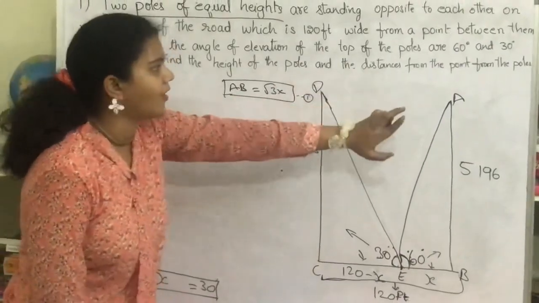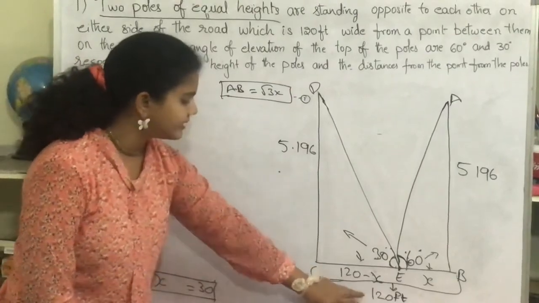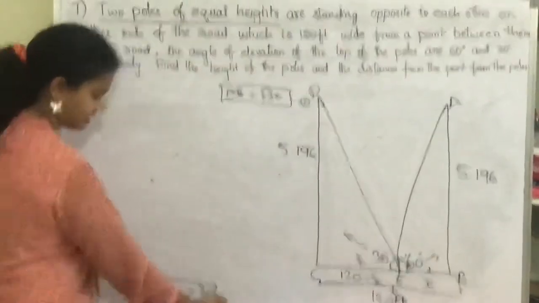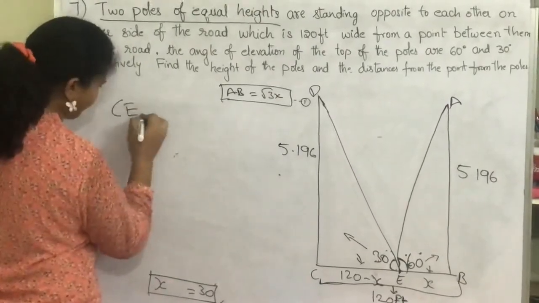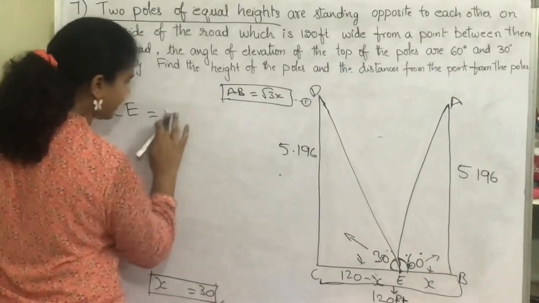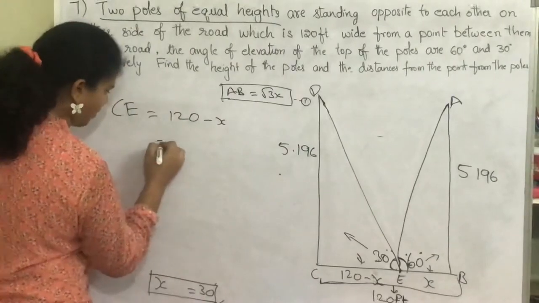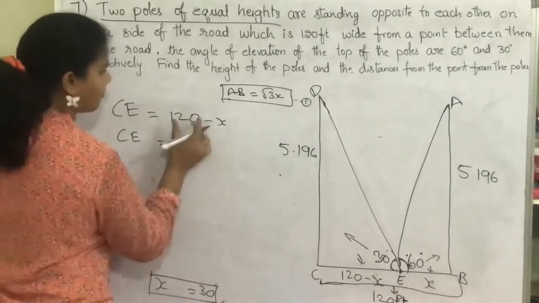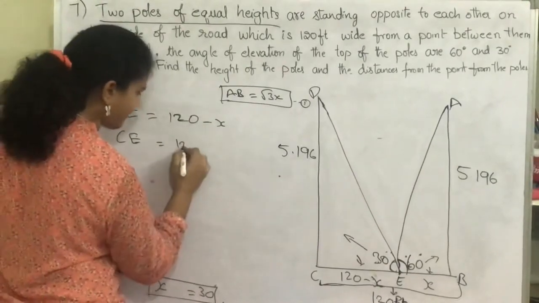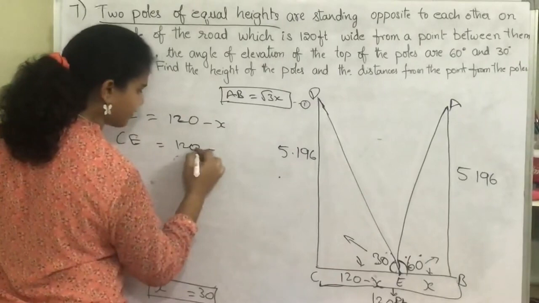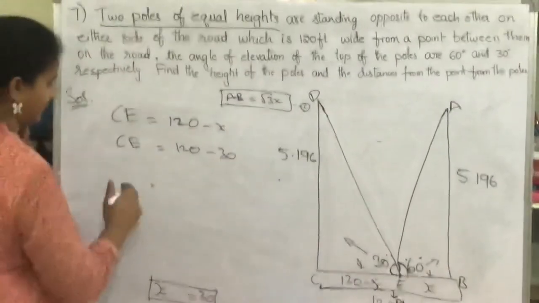Now we need to find the distance of the point from the poles. You have 120 minus x. We got the x value where x equals 30, right? So CE equals 120 minus x, where 120 minus the x value 30 gives 90.